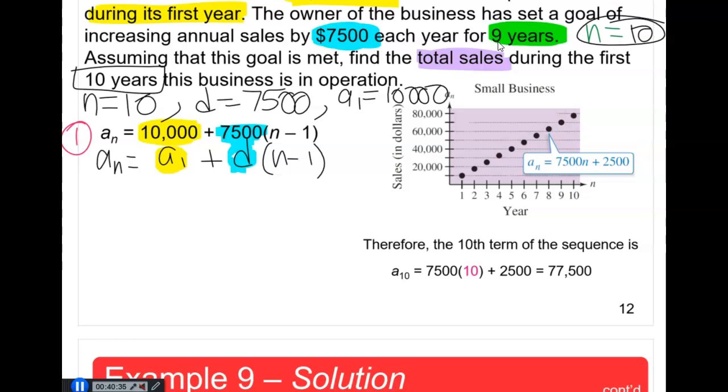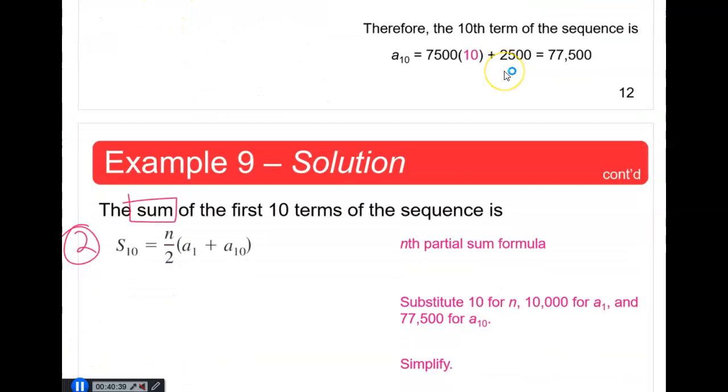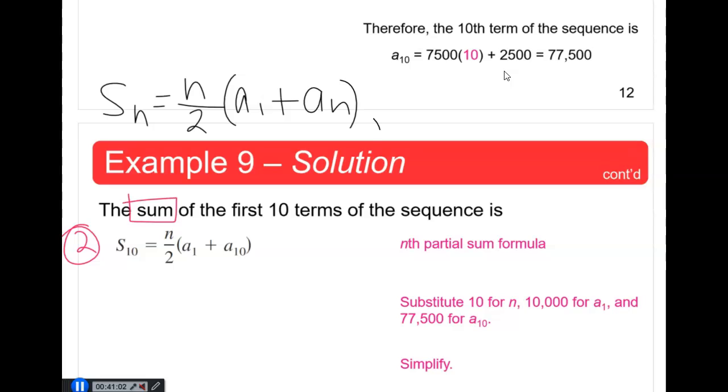So because of that, for us to be able to use the sum for an arithmetic sequence, we need to know, and the formula is not here, so I'll write it here. We're going to need to know, and actually I'll just write it in general terms, so that will be an n. So it will be n over 2 times a sub 1 plus a sub n. So in other words, what we're looking for is a sub 10.